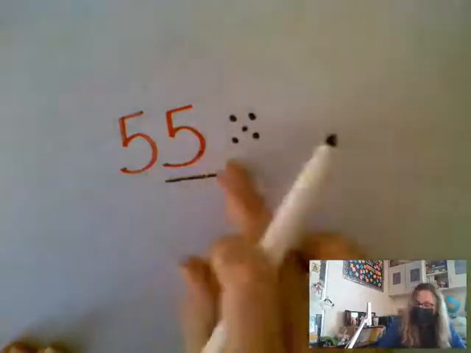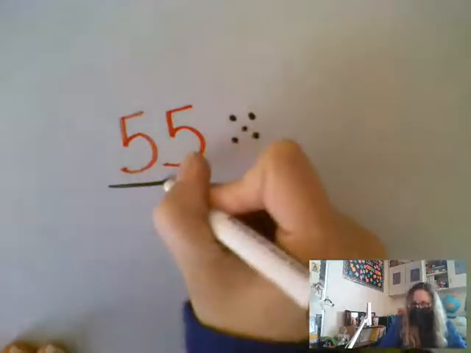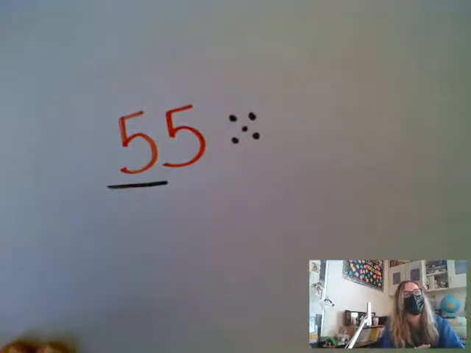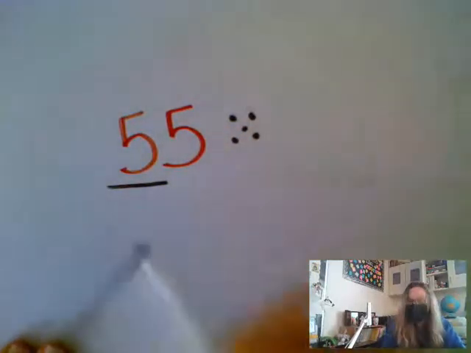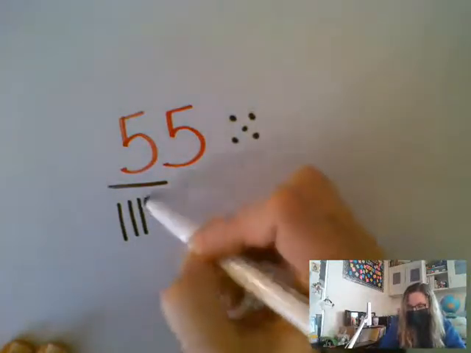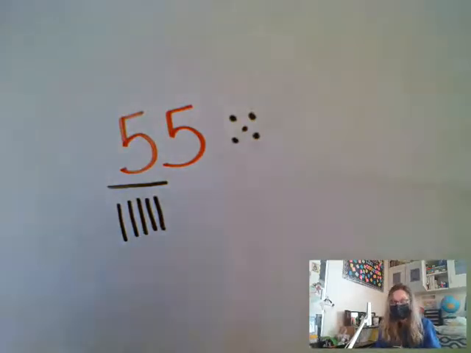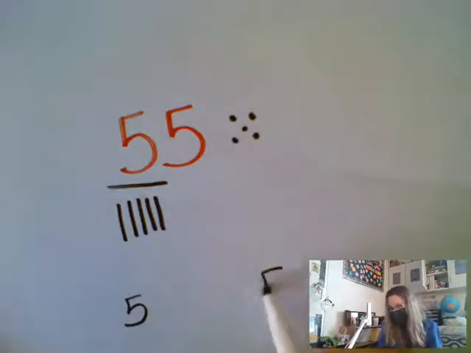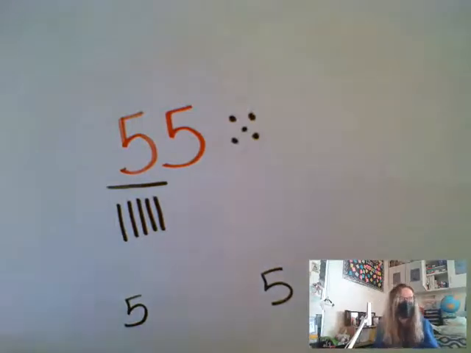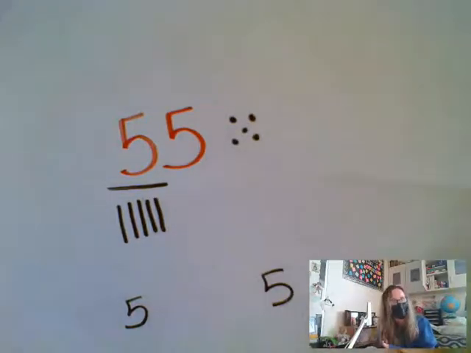How much is this digit worth? Faith? 50. 10, 20, 30, 40, 50. Excellent. So now, instead of saying 5 tens and 5 ones, we're going to say 50 and 5. Does that make sense? 50 and 5 make 55. I tried to trick you, but you're too smart.